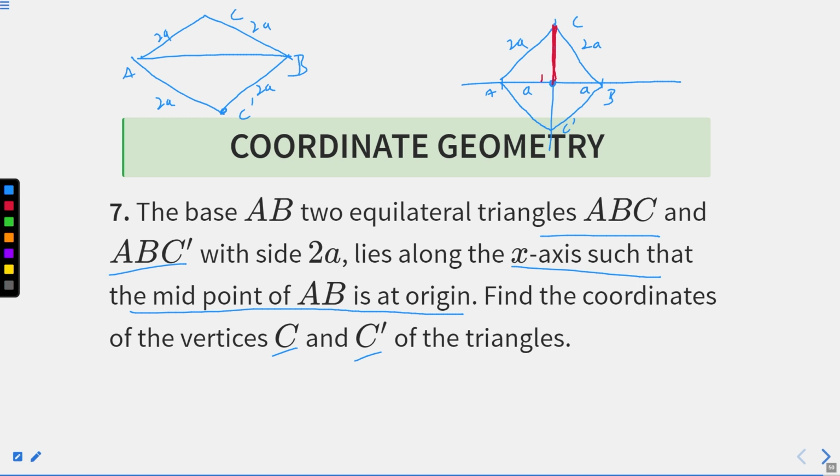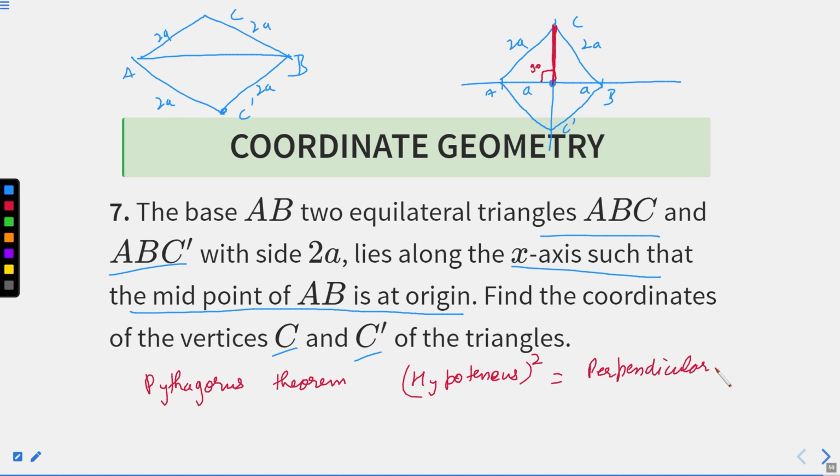Clear? If you see, this is a 90-degree angle, and I can use the Pythagoras theorem here. In the Pythagoras theorem, the hypotenuse square is equal to the perpendicular square plus base square.